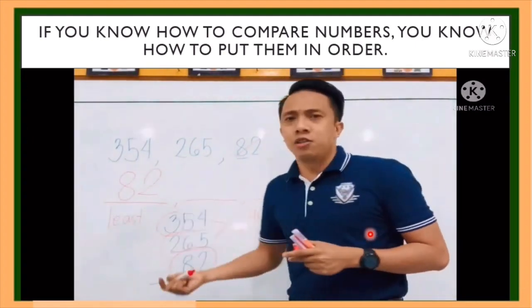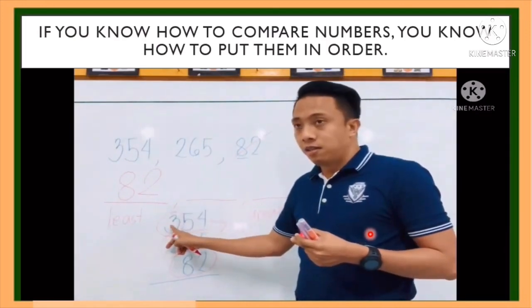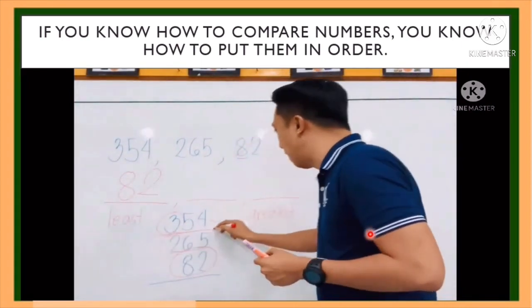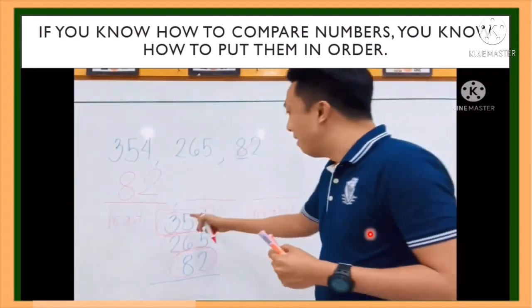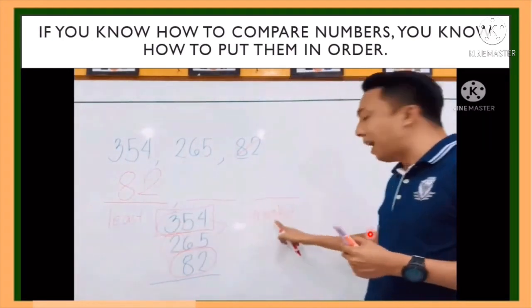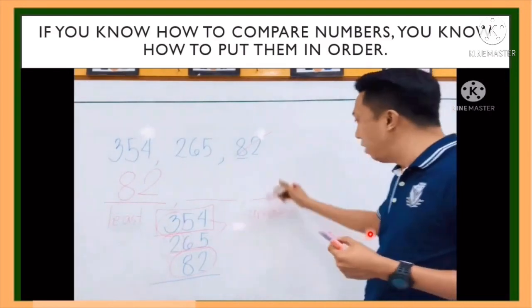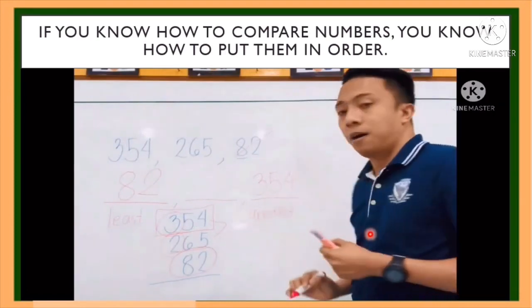So, 3 and 2, let's compare them. 3 is greater than 2. Therefore, the number with the digit 3 must be put here, the greatest value. I will put 3, 5, 4.